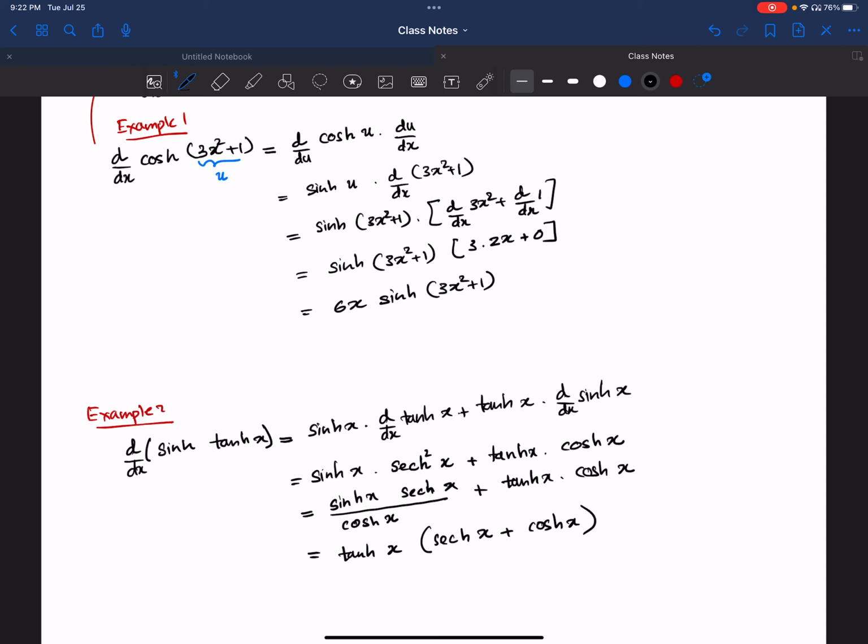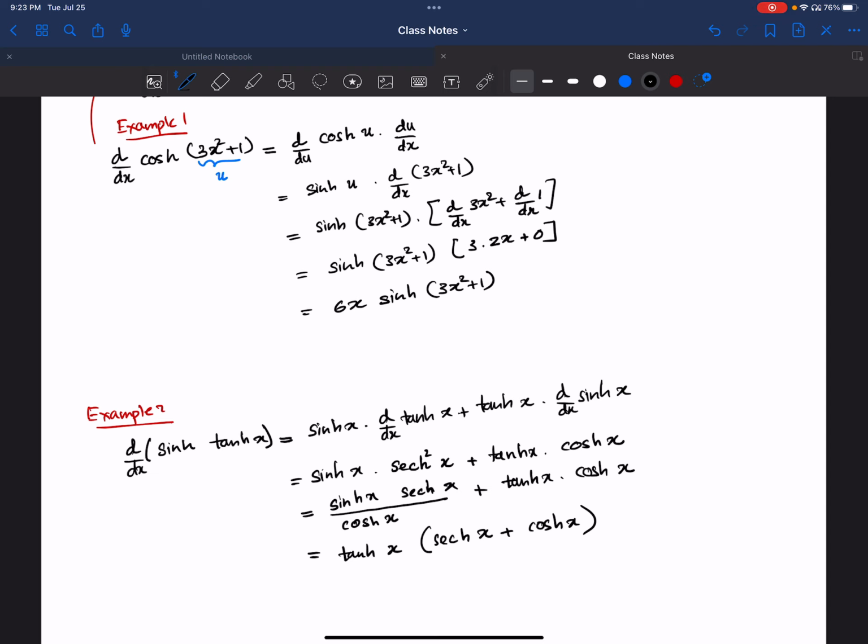You can put it in that way, or you can put it in other ways as well, but you can leave it like that. So that's our second example.